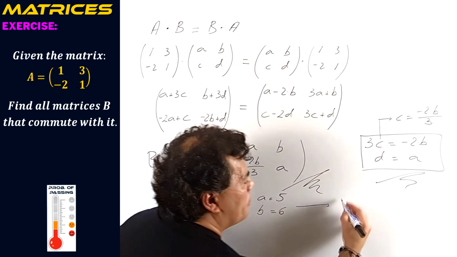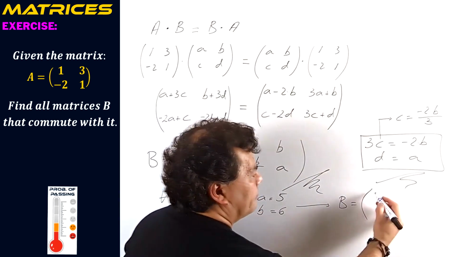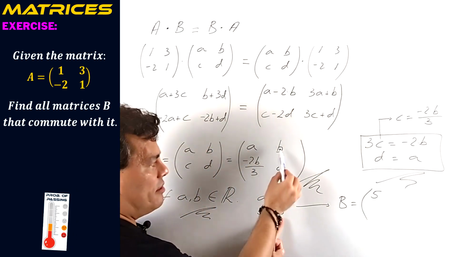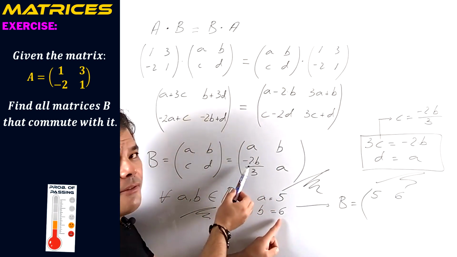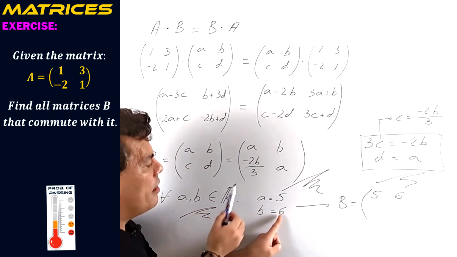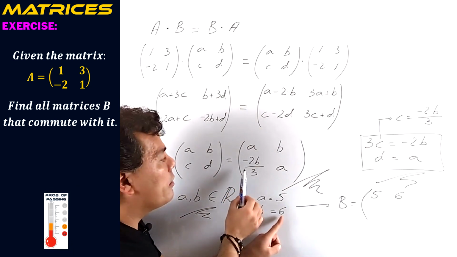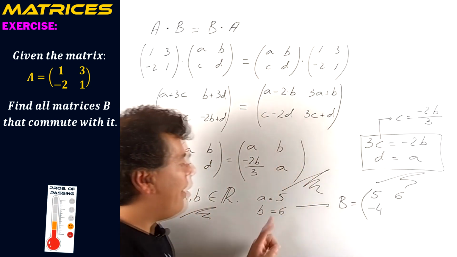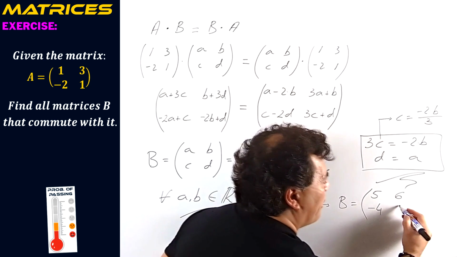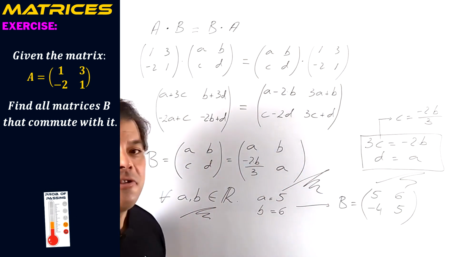The final example would be matrix 5, 6. Negative 2 times B is negative 2 times 6, that is negative 12. Divided by 3 is negative 4. And finally, 5 again. This is a little example for our solution.